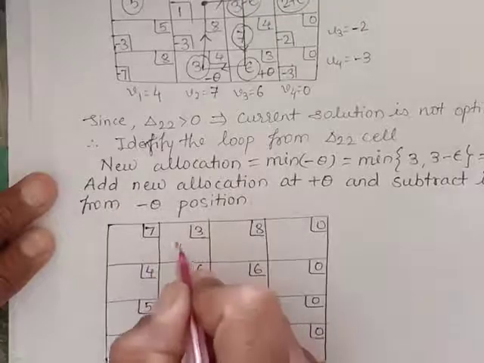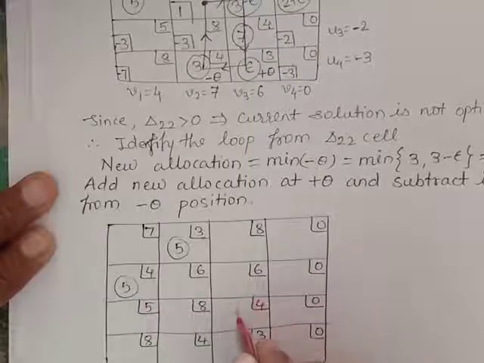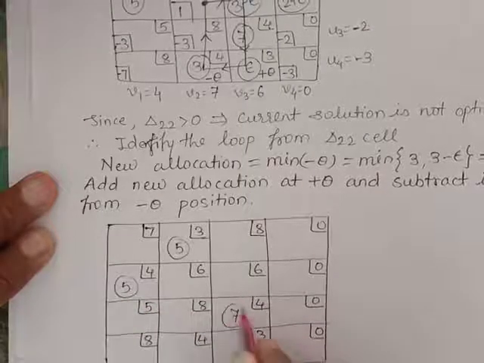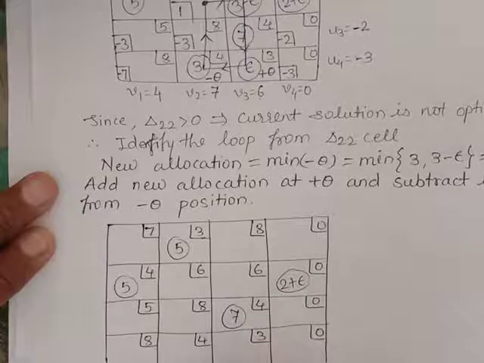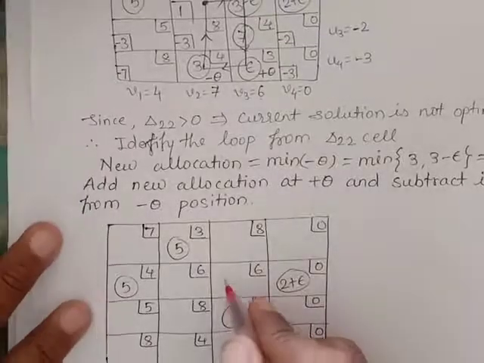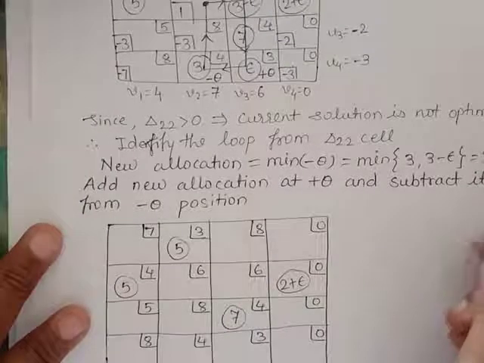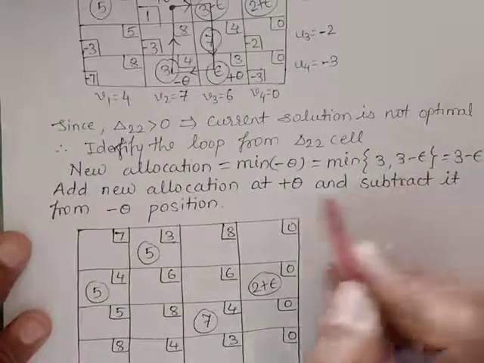Let me do the allocation. Here it is 5, here again 5, here 7, here 2 plus epsilon, I will write it as it is, and the other allocations are from the loop. So we will add this 3 minus epsilon at plus theta position.